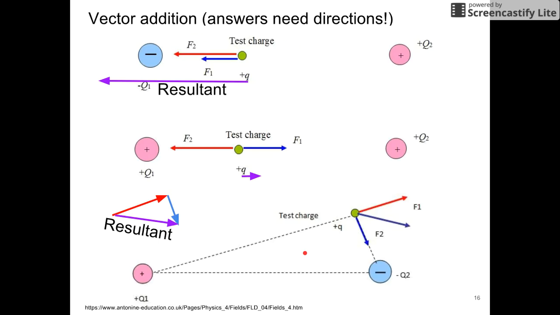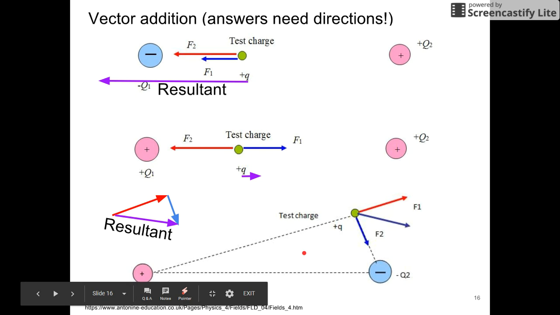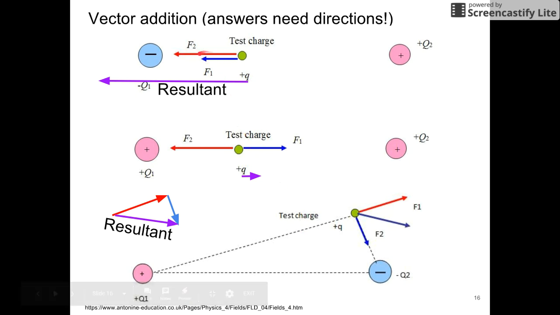Because electric field is a vector, it can be added and subtracted with direction. So if you've got a negative charge here, positive test charge there, it'll have a force due to Q1 which is attractive. Due to Q2, it will be a repulsive force. I'm not sure why this website uses a bigger arrow for F2, because I would expect a smaller force because it's a bigger distance, but let's go with this.